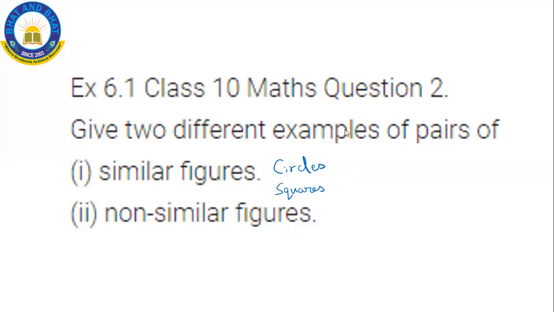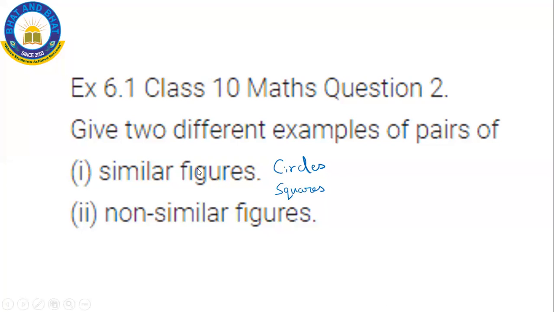The second one, non-similar figures. Yes, correct. A pair of a rectangle and a parallelogram with angles not equal to 90 degrees. A pair of an isosceles triangle and a scalene triangle. So these are examples of non-similar figures.